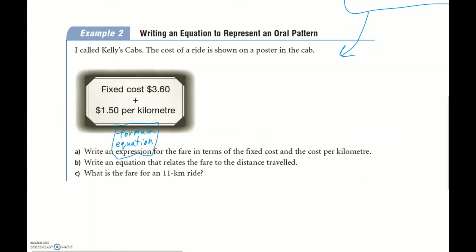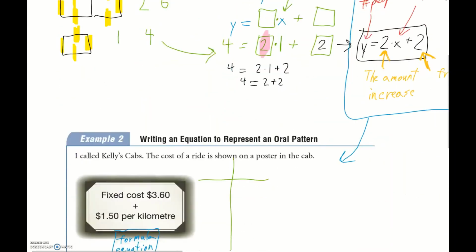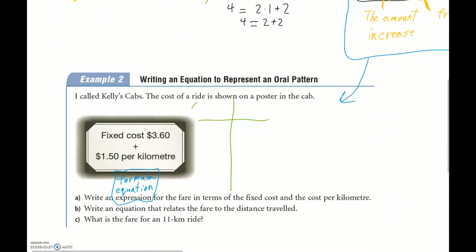So if we're going to write one of those, we want to think about our cheapest situation and try out a couple different things. So thinking about how we did our chart before, this is going to be our x. So this is the manipulated variable.